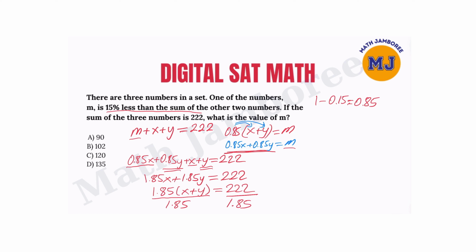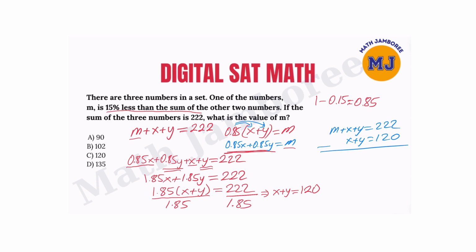You will be allowed to use your calculator during the test. So if you do this calculation, x plus y will be equal to 120. Since, let me show you in a different color, m plus x plus y is equal to 222, it's already given. And for the x plus y, we found the value of 120.